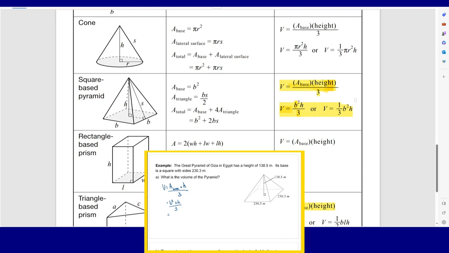If this was a rectangular based pyramid, then we would do length times width times height divided by 3, and so on. 230.3 squared times the height, which is 138.5, divided by 3, works out to quite a large number.